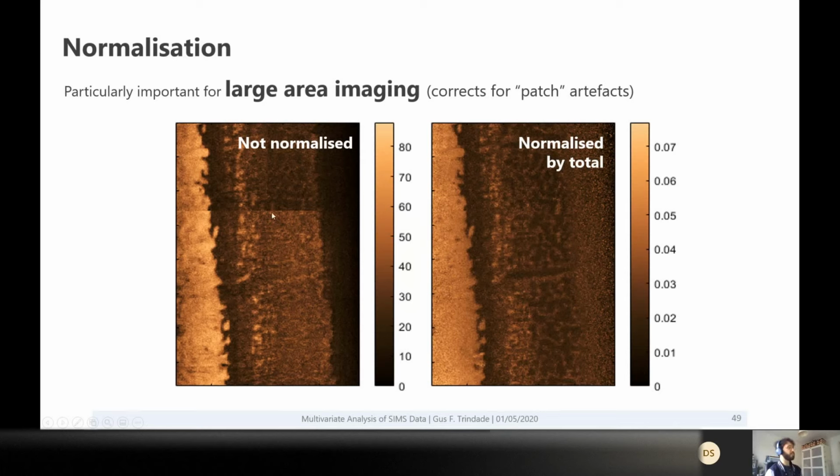The stage moved and there are quite different patches here, like 1, 2, 3, 4, 5, 6. When you normalize, you get rid of that, so this will not be picked up when you do MVA. Again, the downside is for this specific ion, the counts were really low here on the right-hand side, and you get this enhancement of the noise when you do normalization. So you have to be careful.